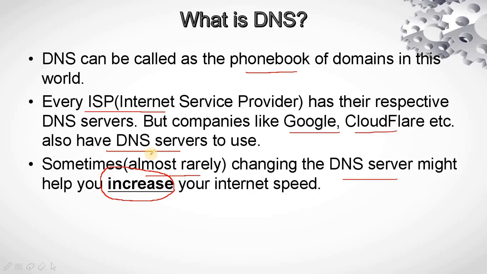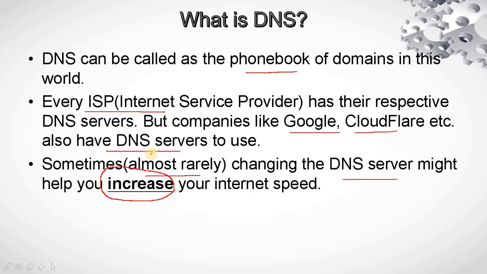Sometimes, as I said, every domain name and its respective IP address cannot be stored in a certain DNS server. So different DNS servers might need to be queried, if, for example, you are searching for a domain which is not very popular. Then when your connection is being forwarded from DNS server to DNS server, your internet connection generally goes slow.